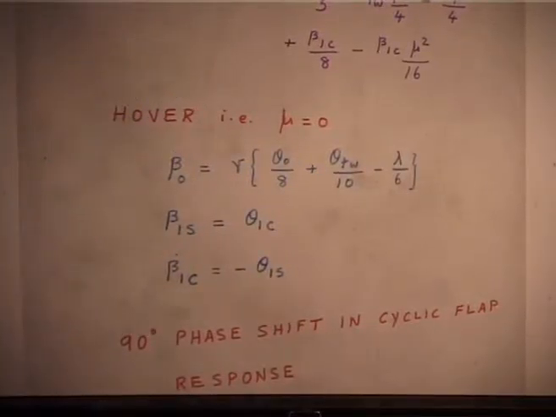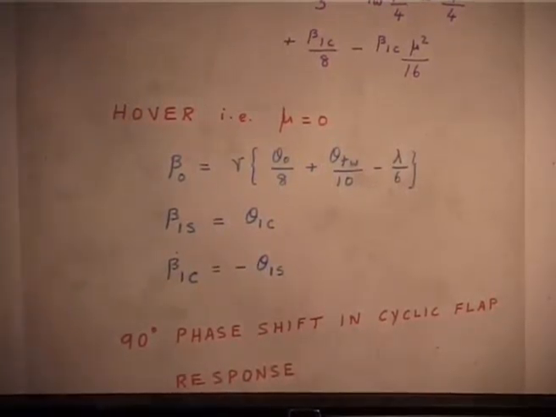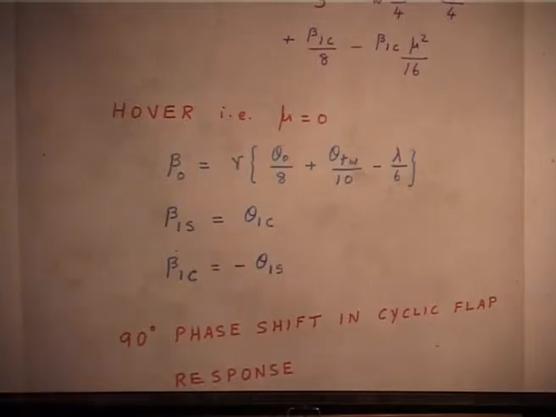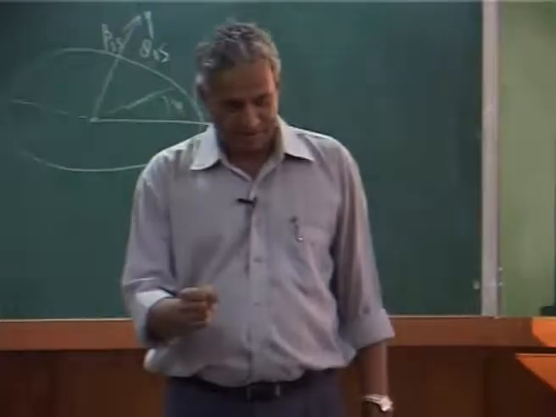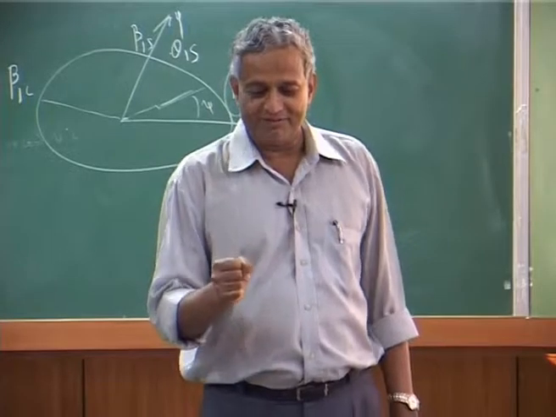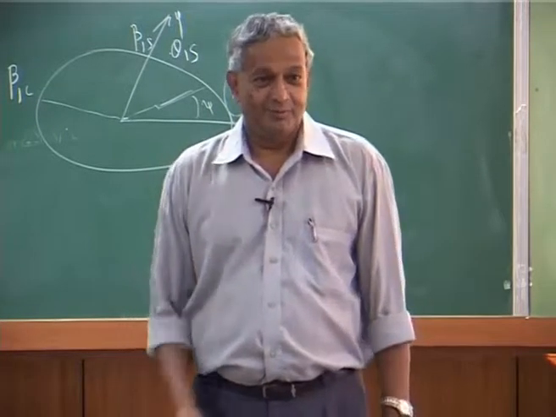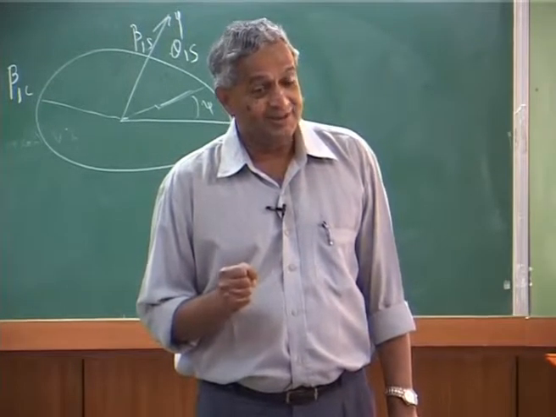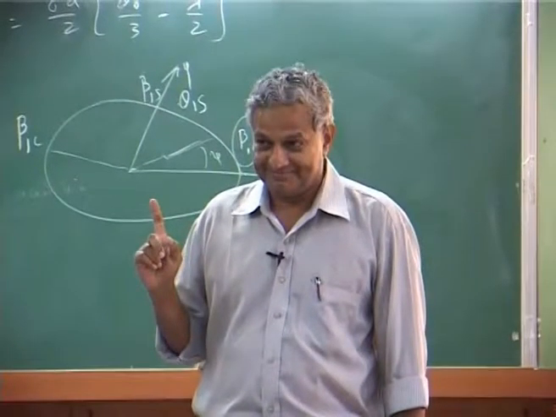Now, in forward flight will it be 90? No, it will not be 90, it will be different. But then, please understand, the pilot is having a stick in his hand, he will move the stick forward, but what he is doing is only giving a pitch input.